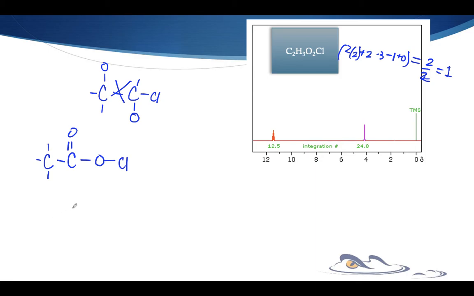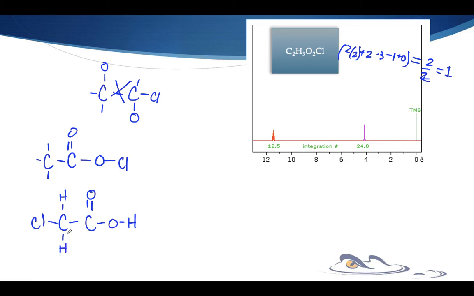Another possibility would be if I did these 2 carbons a little bit differently. Maybe I have this, and instead of it being an ester, maybe it's a carboxylic acid. So I could put these together like this and put the chlorine over here on this side. So I'm coming up with a different variation now.